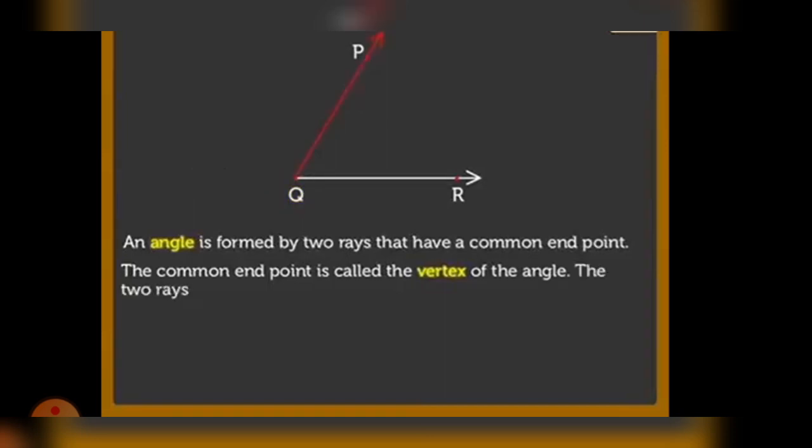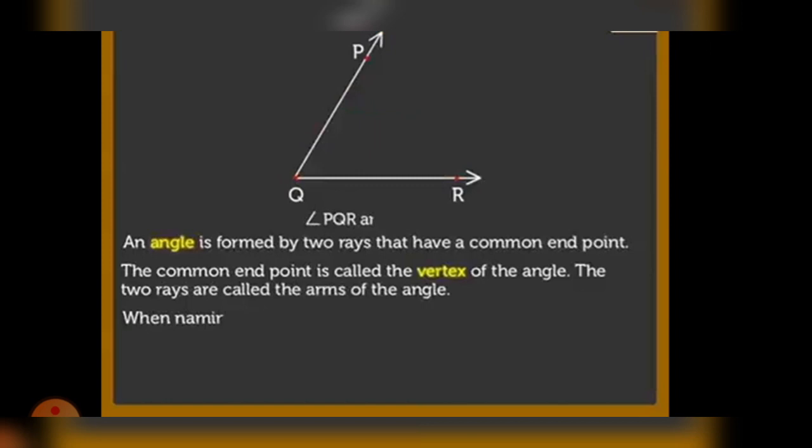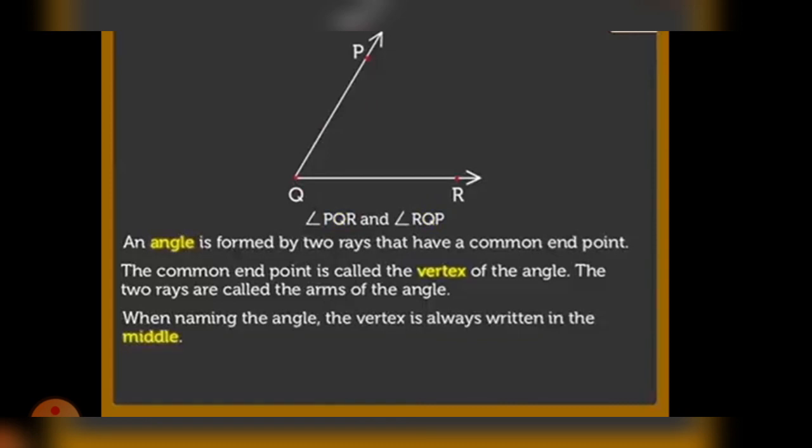The two rays PQ and RQ are the arms of the angle. When naming the angle, the vertex is always written in the middle. For example, here vertex is Q. They are forming angle PQR and angle RQP. Okay, they denote the same angle, that is angle Q.